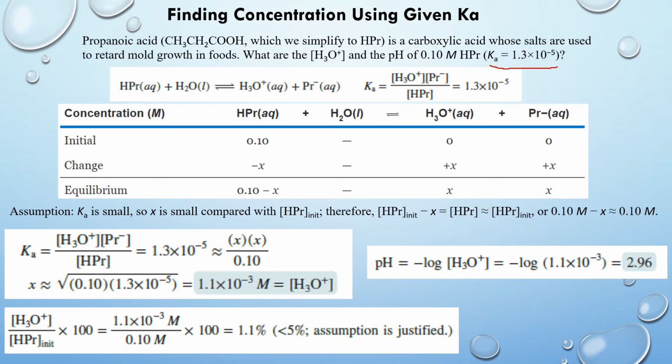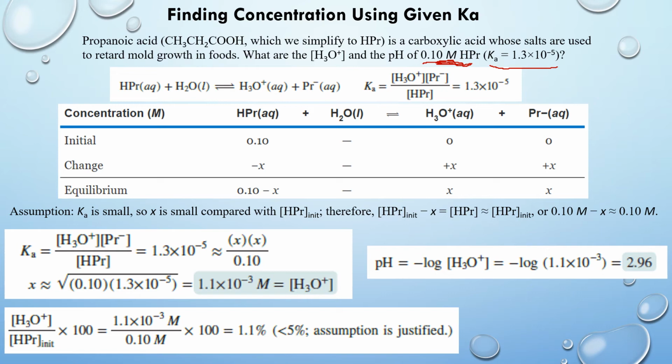Later you'll see that because it's small, we can make a couple of assumptions. The question is: what is the proton concentration and the pH if 0.1 molar of this acid is added in water?